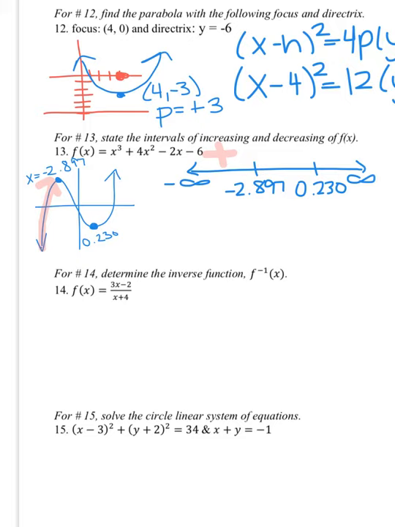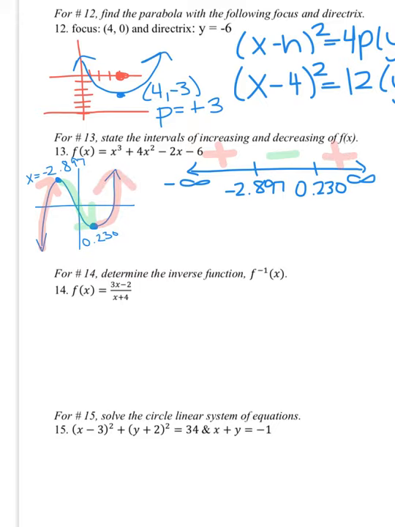And then from negative 2.897 until that 0.23 number, you are going down, you are decreasing. And then you change direction for a final time at 0.230, until infinity, you are increasing.